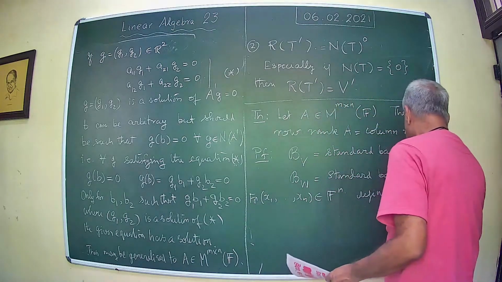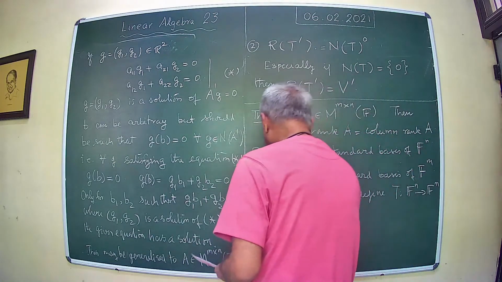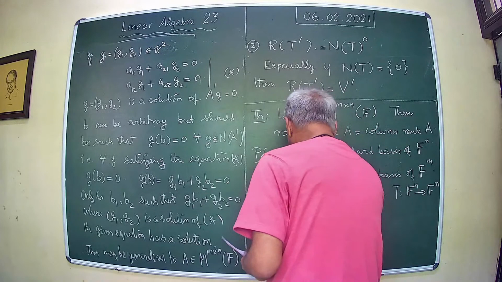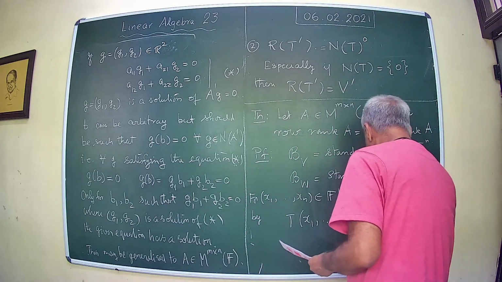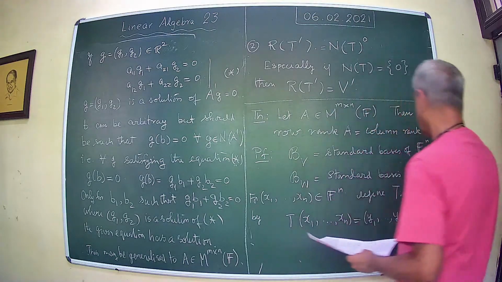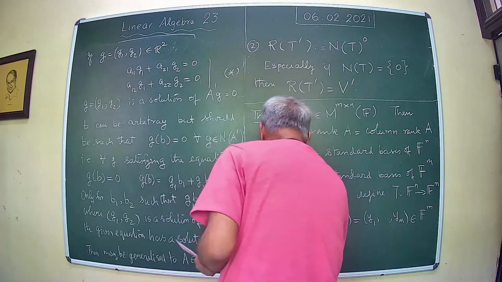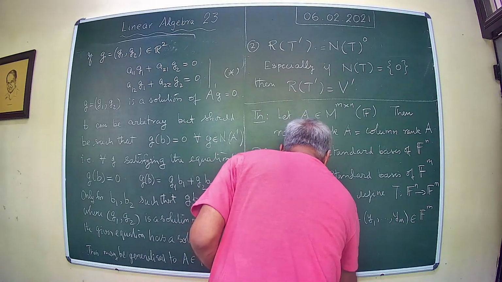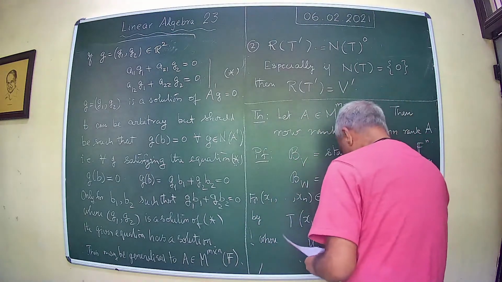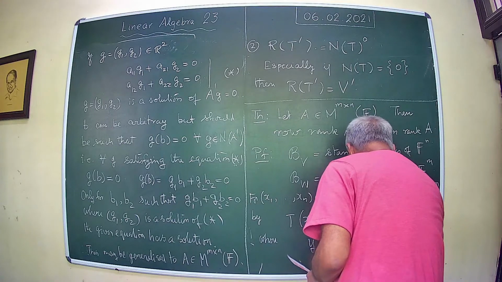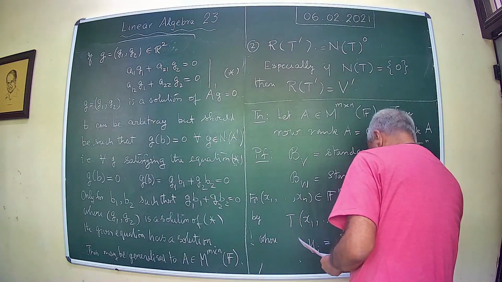T from Fn to Fm by T of x1 to xn equals y1 to ym, where yi equals sigma j equal to 1 to n aij xj, where i equal to 1 to m.